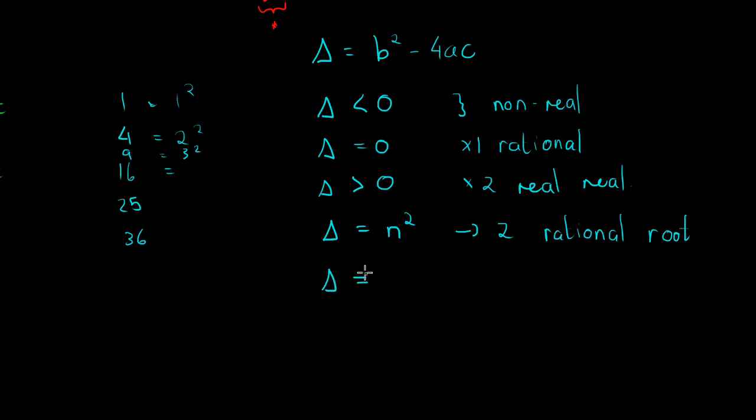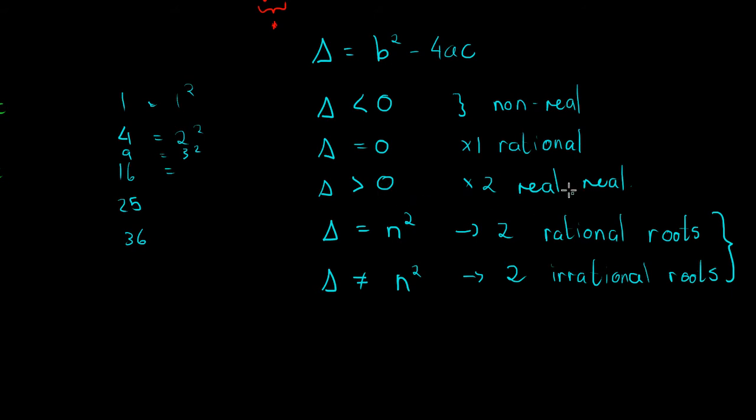If it is not equal to something squared, like 5 or 10 or 20, then I get 2 irrational roots. So remember that rational and irrational together makes real.